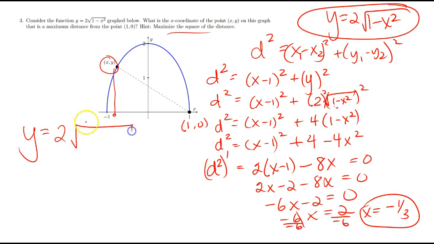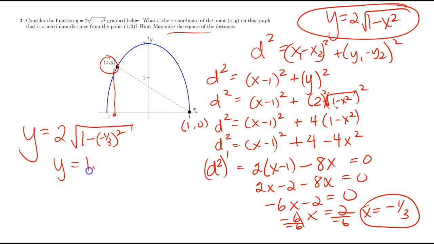All right? Well, I can get the y point by taking this negative 1/3, the x coordinate, and plugging it into this, right? 2√(1 minus (negative 1/3) squared). I'm going to put that in my calculator. So 1 divided by 3, negative, I'm going to square that. 1 minus that, and I'm going to take the square root of that, times 2, and I end up with something.